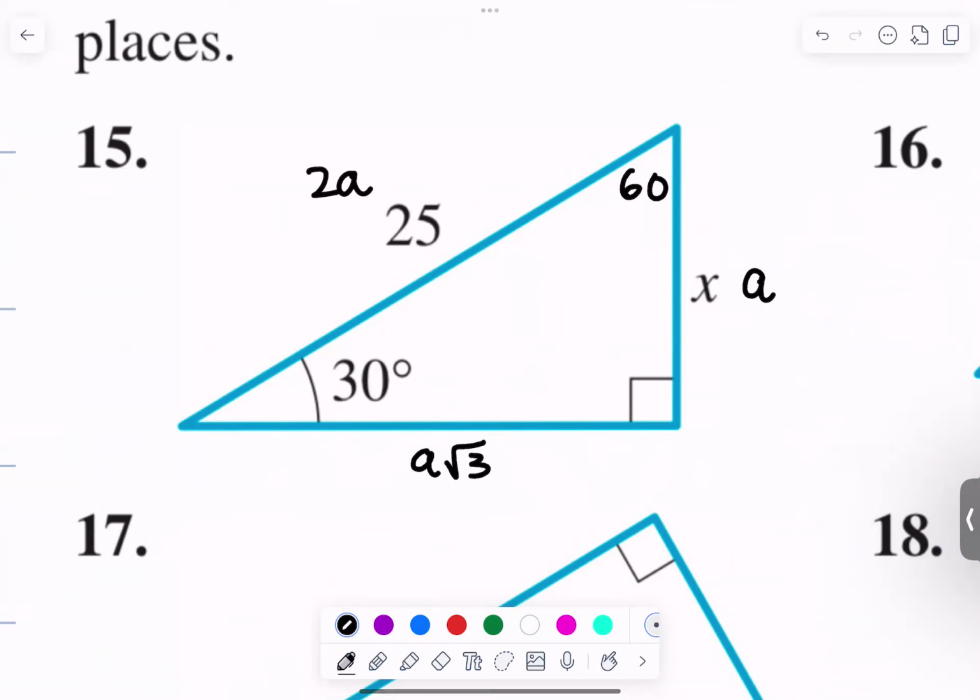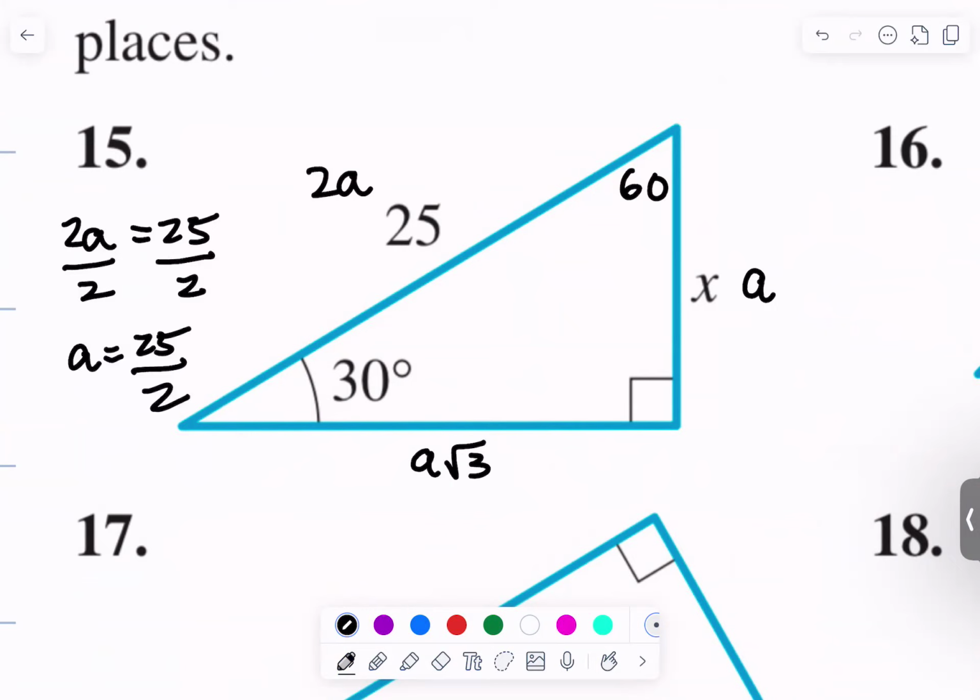So to figure out what X is, 2A equals 25, divide by 2, so A equals 25 over 2. So X equals 25 over 2, which we can simplify to 12.5. We don't need trig. We're just using the triangles and their ratios.